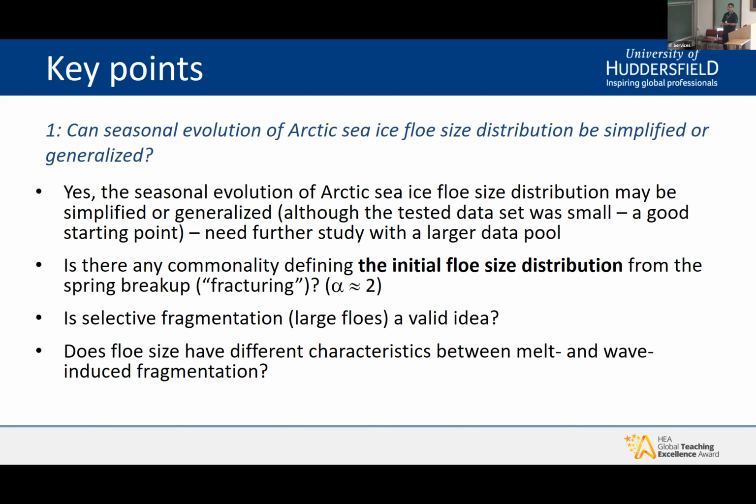Another question is whether selective fragmentation is still a valid idea. And is there any real difference between merit fragmentation and wave fragmentation cases? What are the differences and how can we measure them? And how could you implement that in the model in your case?